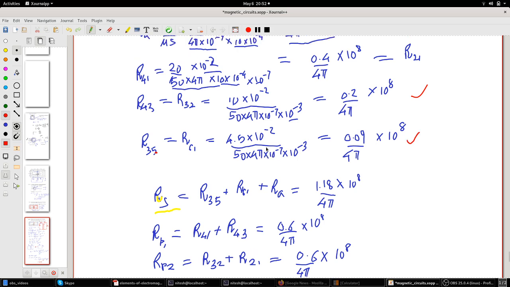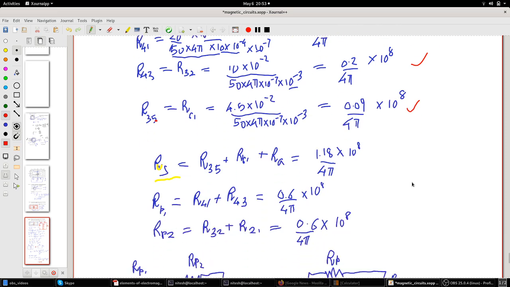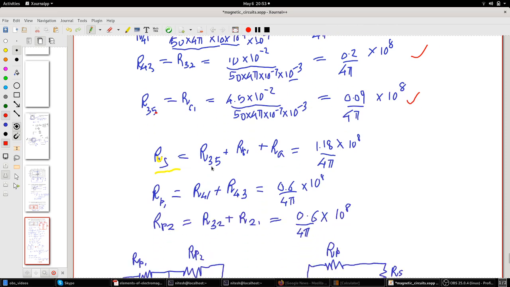So I can actually convert this complete R35, RA and R61. All three are in series. So I can add them up and create an equivalent series reluctance, which is R35 plus R61 plus RA.